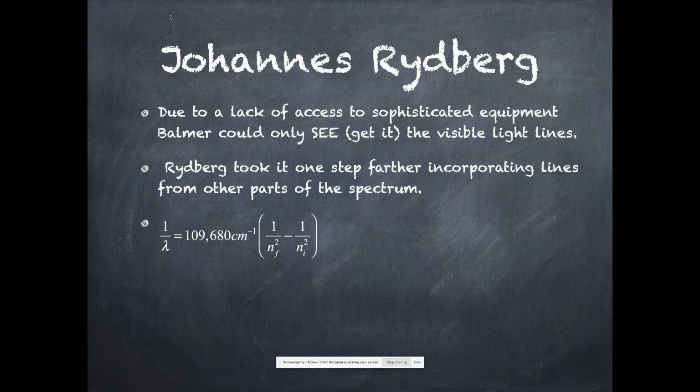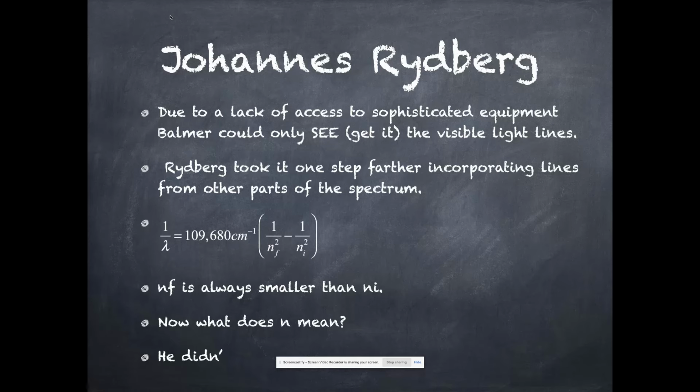And he was able to expand the equation to look like this, with a restriction that n final is always smaller than n initial. And the n's are always nice whole numbers. Okay, great. Found more sets of lines. What do they mean? He had absolutely no idea, but he knew it fit the data.